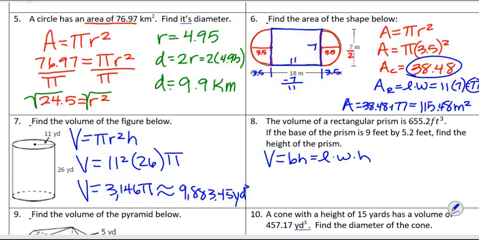We're given our volume, 655.2, and that's equal to 9 times 5.2 times the height. So 655.2 is equal to 46.8 times the height. Then we divide both sides by 46.8, so our height is equal to 14 feet.